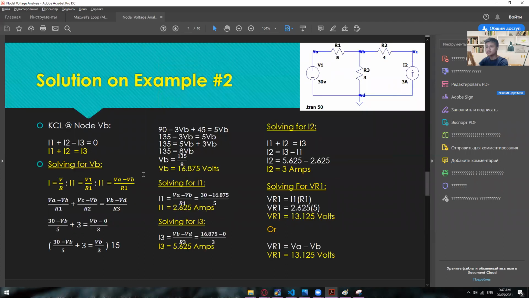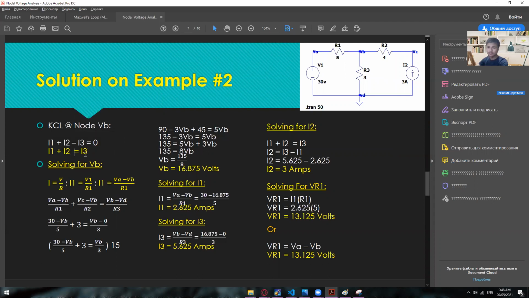Okay. So in here, again, just the same method, apply KCL first, wherein we have here I1 going into VB, I2 going into VB, and then I3 leaving, which will give you this result right here. And then if you transpose this one to the other side, it will give us I1 plus I2 is equal to I3.